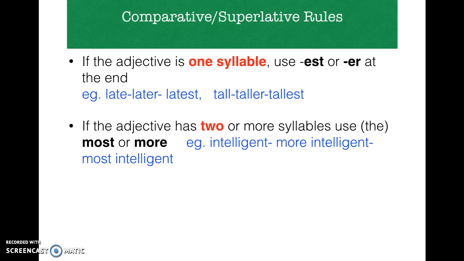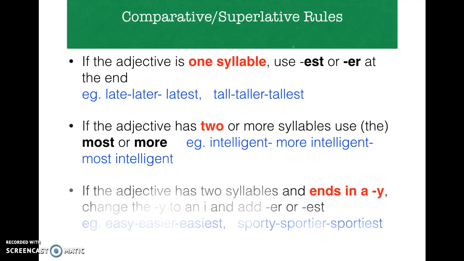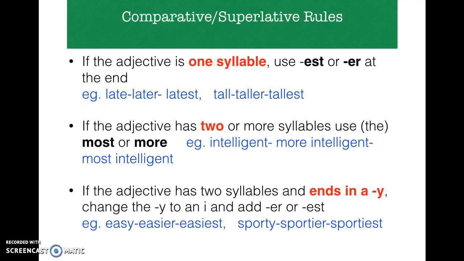Intelligent is going to be 4 syllables, so more intelligent, most intelligent. Some 2-syllable adjectives, if they end in Y, they just take the EST or IER. Okay, so easy, easier, easiest, sporty, sportier, sportiest. But generally, the rule is 1 syllable, ER or EST, 2 syllables or more, you're going to use more, most.